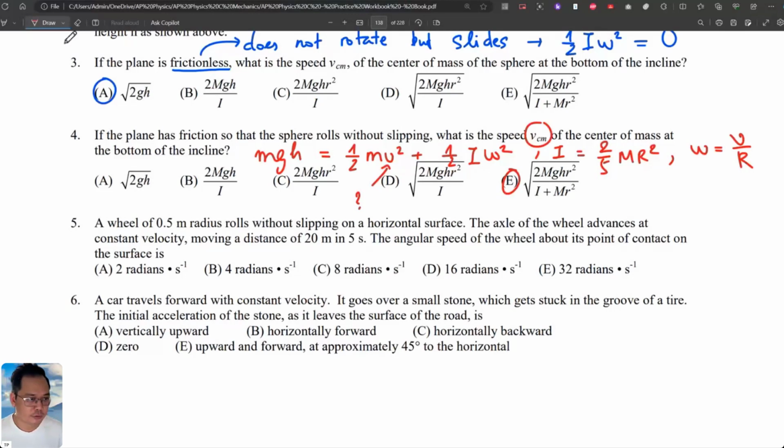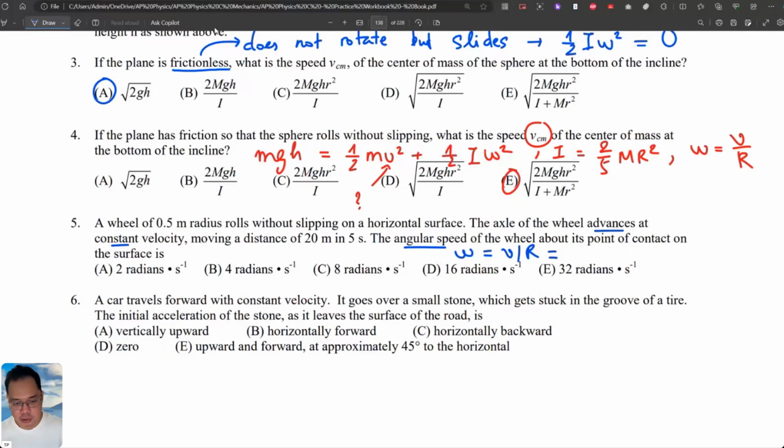Question 5. A wheel of 0.5 meter radius rolls without slipping on a horizontal surface. The axle of the wheel advances at constant velocity, moving a distance of 20 meters in 5 seconds. The angular speed of the wheel about its point of contact on the surface is: angular speed omega is simply the linear speed v over the radius, and v is the distance advanced. It is constant.